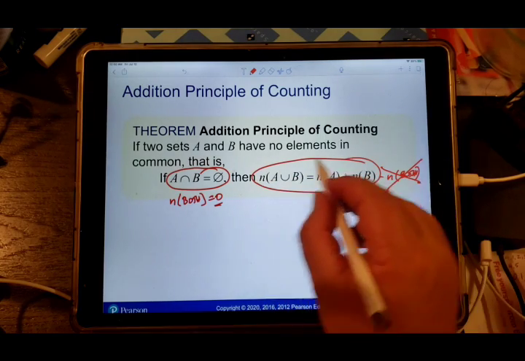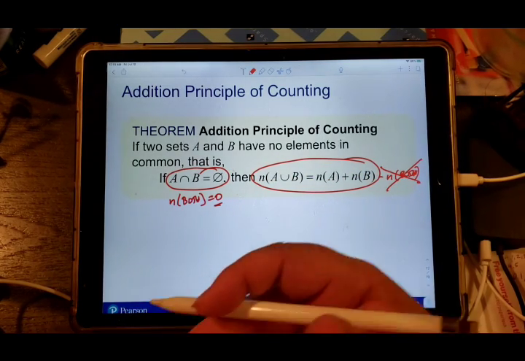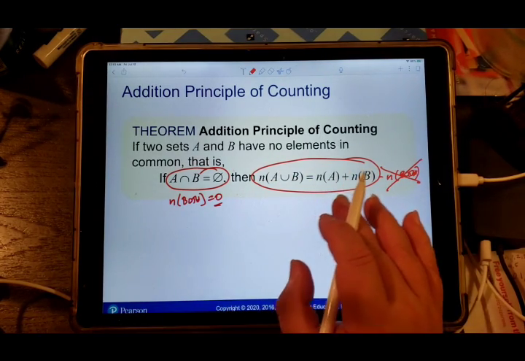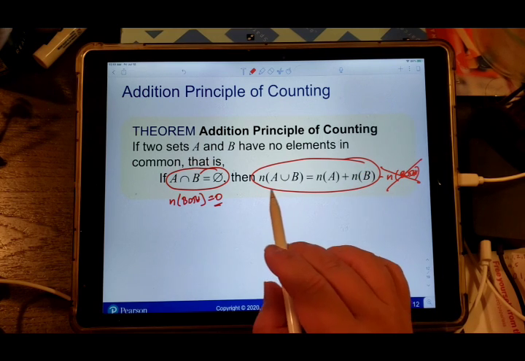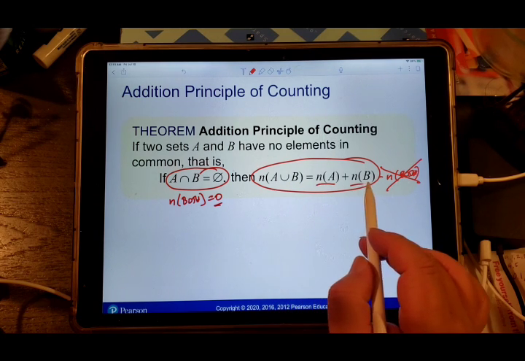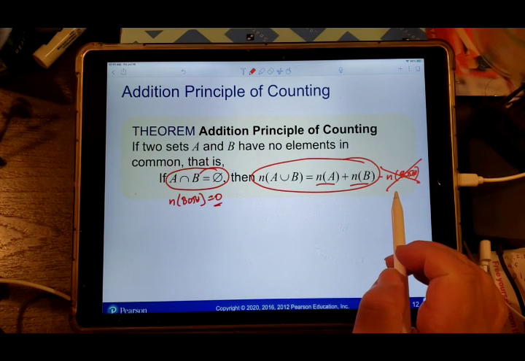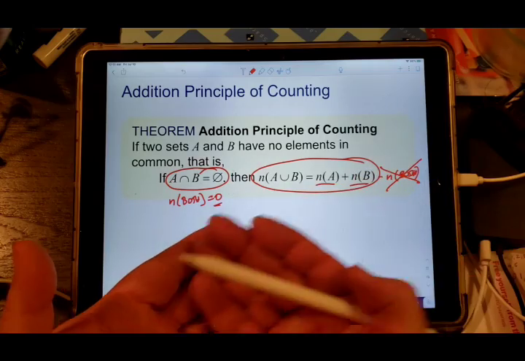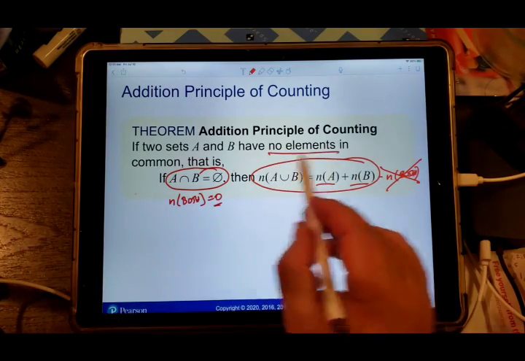So when you have a situation where there is no overlap of the two sets, then the number of students in A or B, A union B, is just number in A plus the number in B, and you don't have to do any subtraction. You don't have to do any subtraction if there's no overlap, if they have no elements in common.